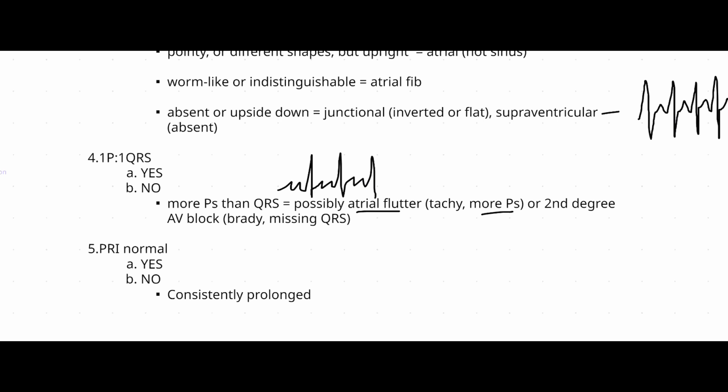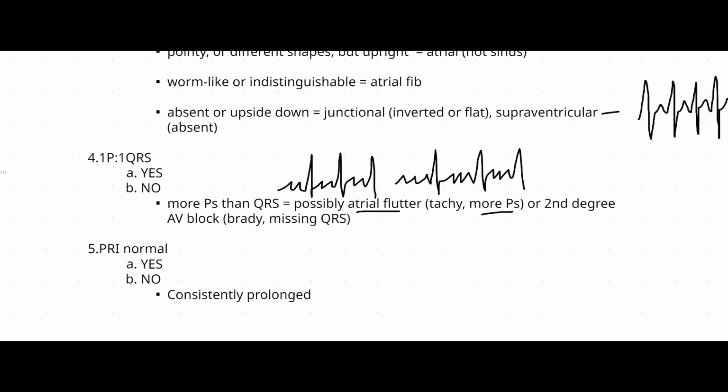This is a 2-to-1 conduction because there's two P's and then one QRS. Or it could be P, QRS, P, QRS. Now, normally also, what you'll see for a flutter is that the rhythm is regular. So the R to R rhythm is regular, but there's more P's.